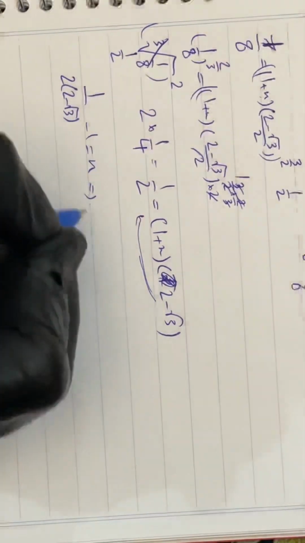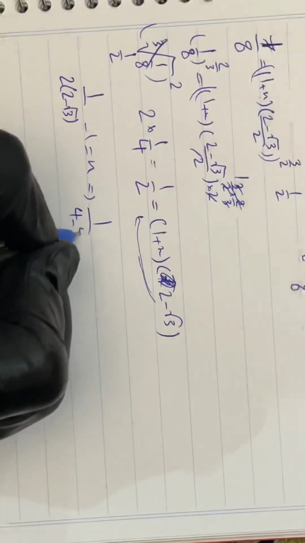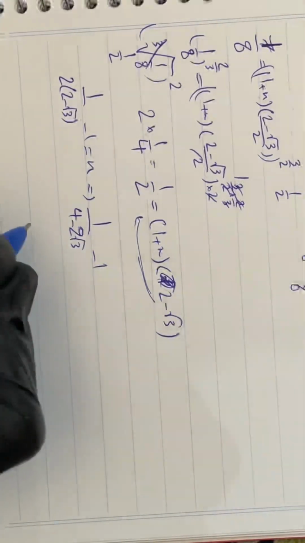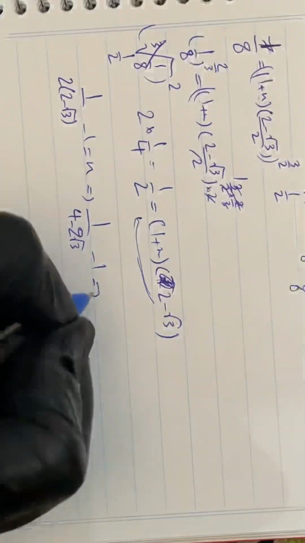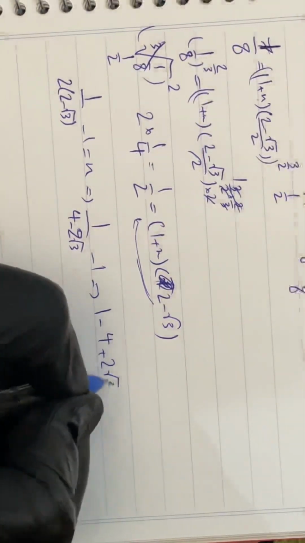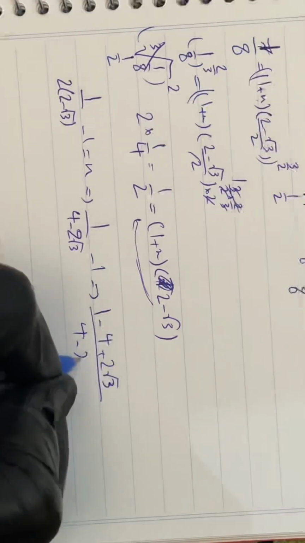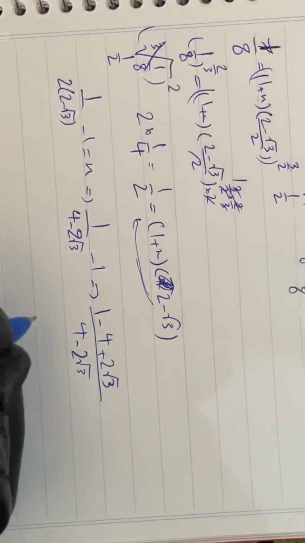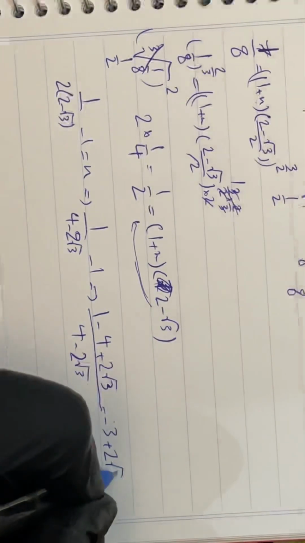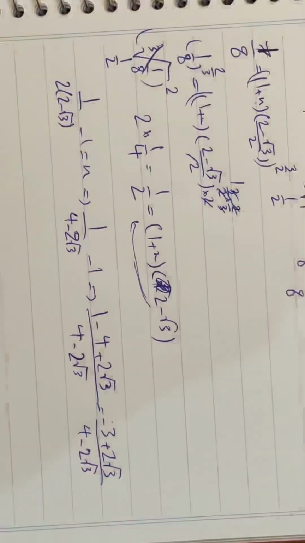It would be 1 over 4 minus 2 radical 3 minus 1, which if we take the common denominator would be 1 minus 4 plus 2 radical 3 over 4 minus 2 radical 3. That would be minus 3 plus 2 radical 3 over 4 minus 2 radical 3.